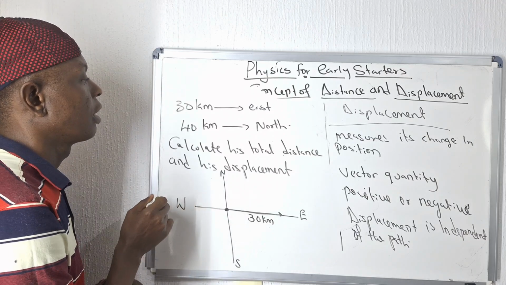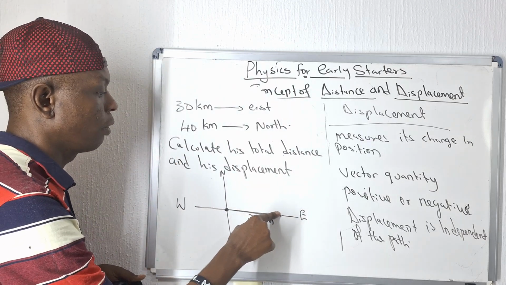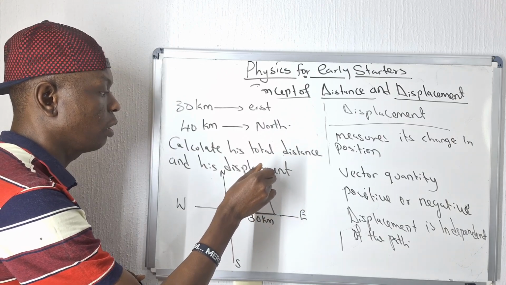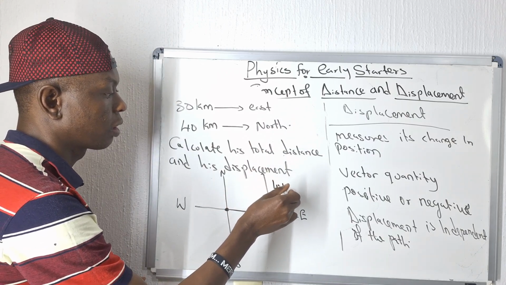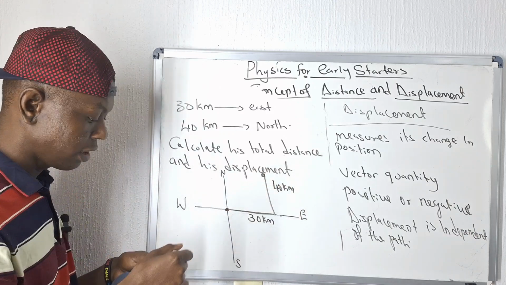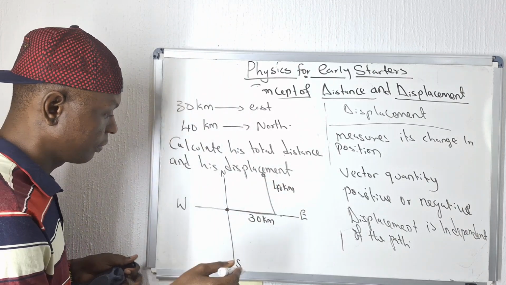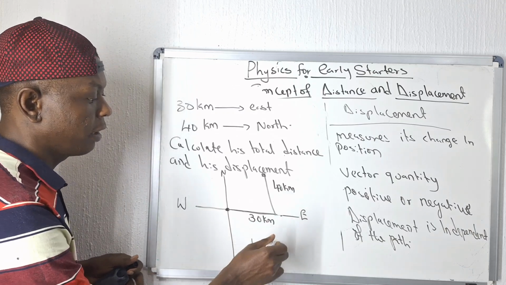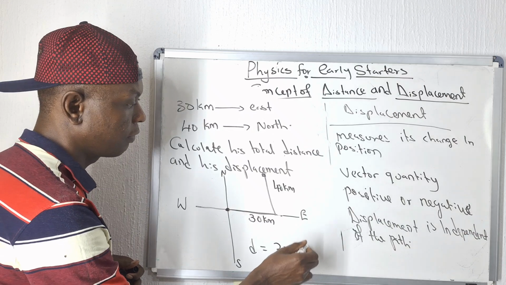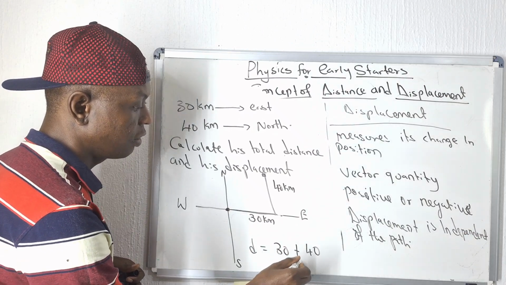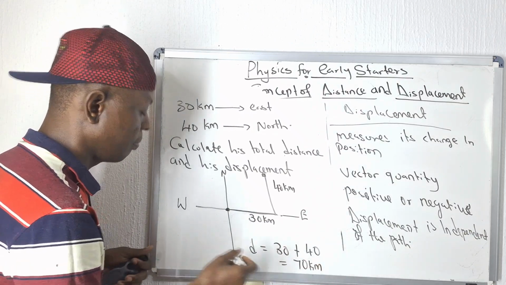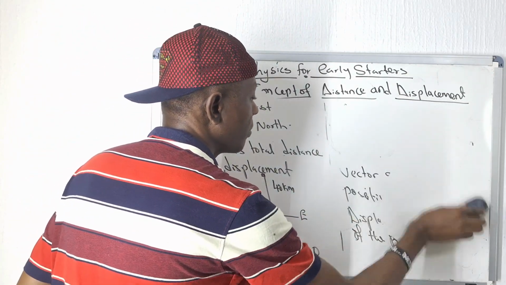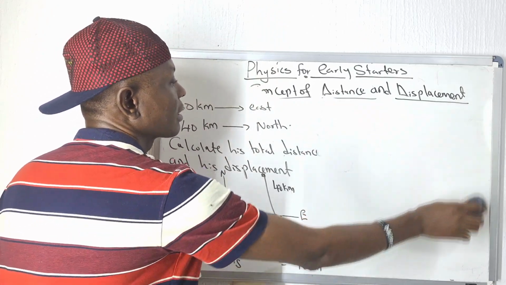And then 40 kilometers northwards. We are told to calculate his total distance. Now, his total distance, small letter d, is simply 30 plus 40, which is 70 kilometers.